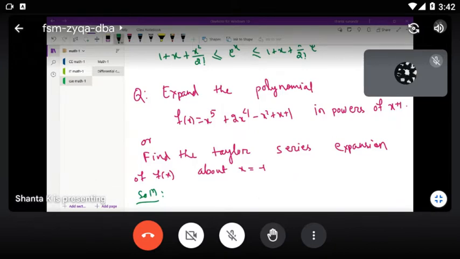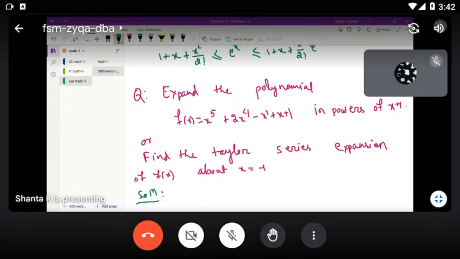Okay, so what is your answer? Yes, ma'am. x plus 1 whole raised to 5 minus 3 times x plus 1 whole raised to 4 plus 2 times x plus 1 whole cube minus 23 times x plus 1 whole square minus 2.